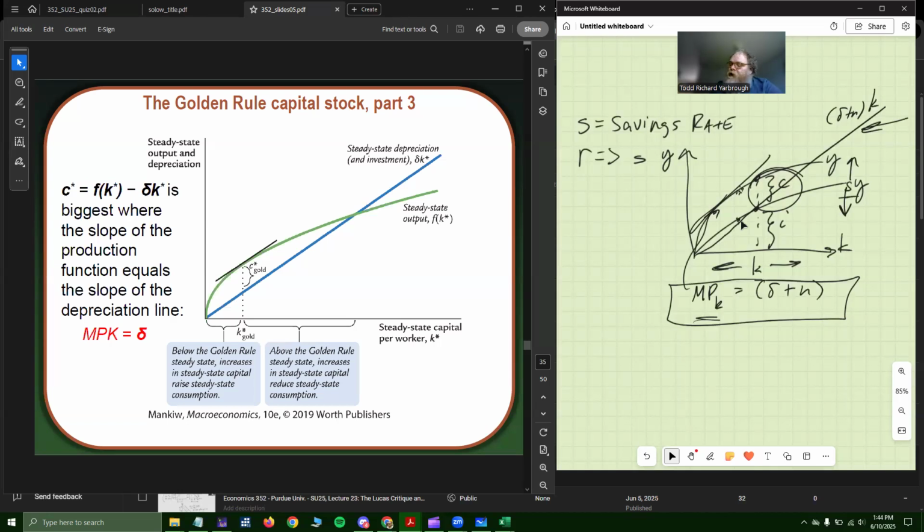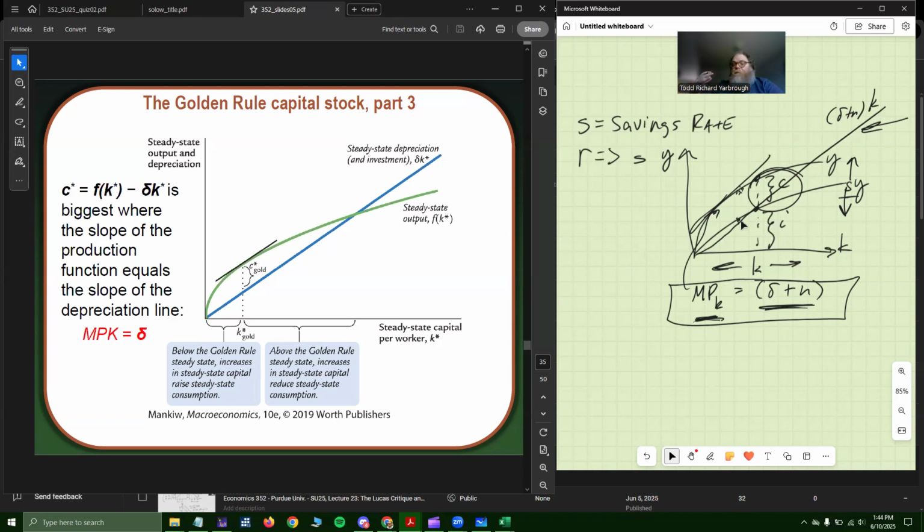And so here you can see on the right, this is the extent to which our existing capital stock is being used up in a way. And then marginal product of capital is the extent to which the using up of that capital stock produces output.